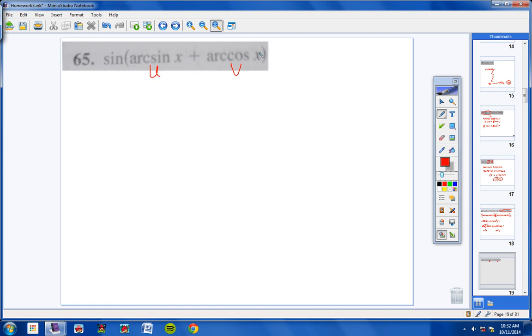Now the directions say for number 65, rewrite it as an algebra expression. So here we go. Let's see how we do here, okay? Probably more than likely it's going to be really wise to do this first real quick. Arc sine of x would be, let's see here. Draw my triangle here.